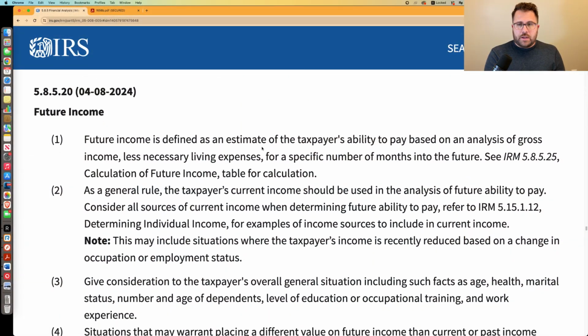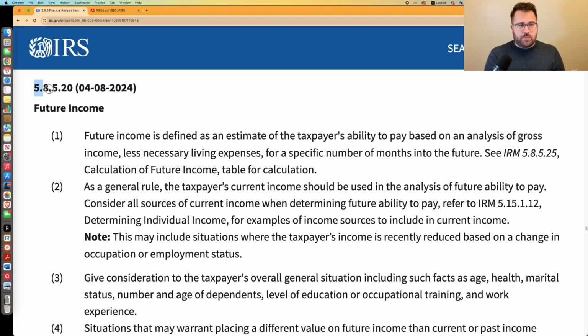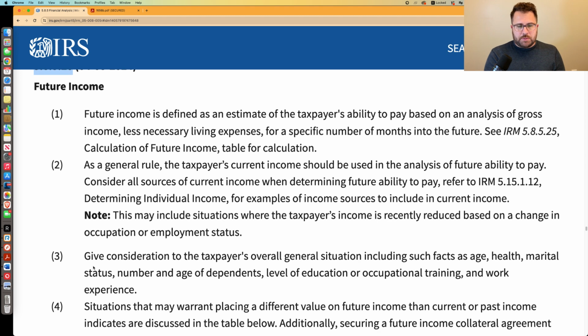So the question is, do I include my spouse's income in that monthly disposable income figure, right? You probably don't want to, because that means your monthly disposable income would be higher if you have to include your spouse's as well. And so for this, we look at this section here in the IRM, 5.8.5.20, future income. Let's see, it talks about spouses.